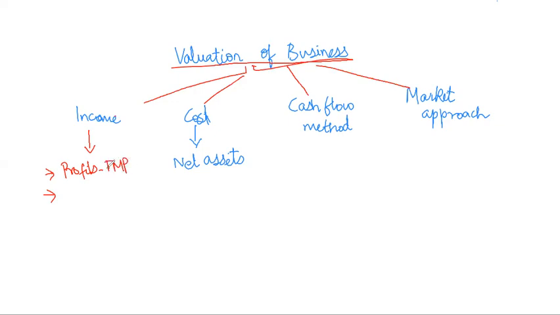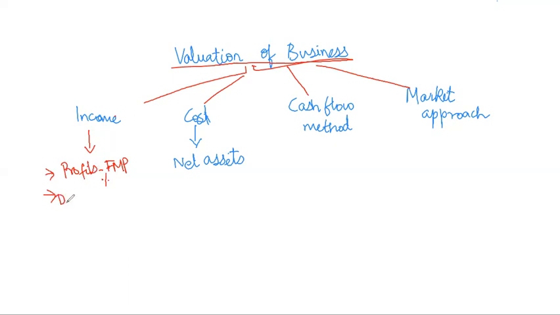In this method, the past performance of the business is considered. The post-tax profits of the earlier years are averaged out, and that is capitalized based on the discount rate or the rate of capitalization in order to arrive at the value of the business. So that is one method.